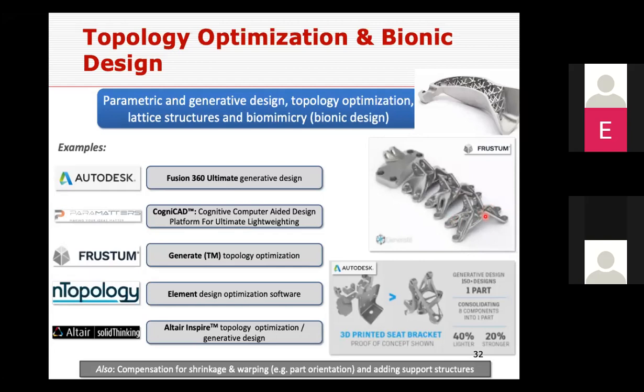So that's the idea. Then you can go with the topology optimized structures, or even with bionic designs, where you can get inspired by cell biology, or by the lattice structure, which is more lightweight in nature.